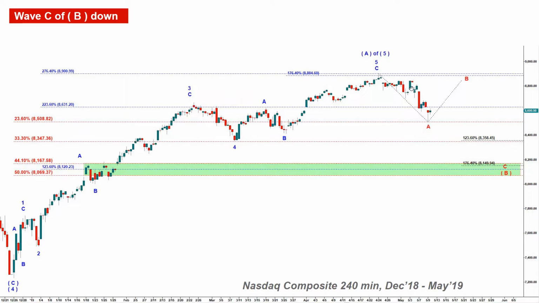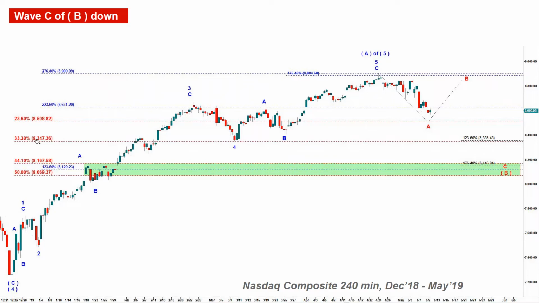And when you have a drop to 23.6% retracement, normally it's only the first leg down in subwave A of corrective wave, in this case B down. And the real target for that B down, for the final leg down in subwave C of B, is normally located somewhere in between 44% and 50%, or at least 33% of that rally.